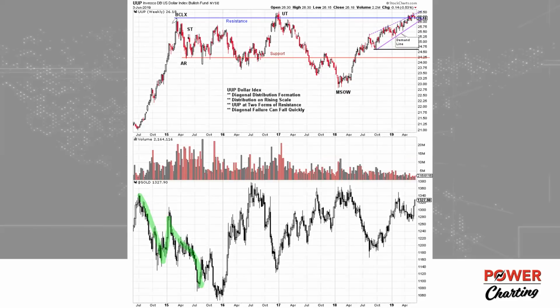Often gold and the dollar can be non-correlated, but more often than not, you can find that there is an inverse relationship. All other things being equal, when the dollar becomes more valuable, gold doesn't have to change in value around the world to become less valuable against the dollar.